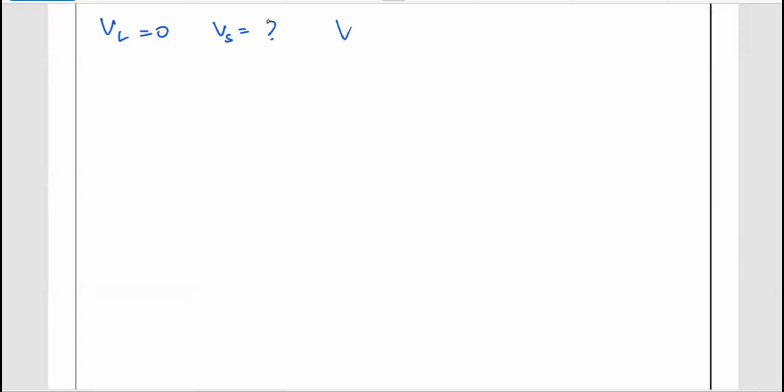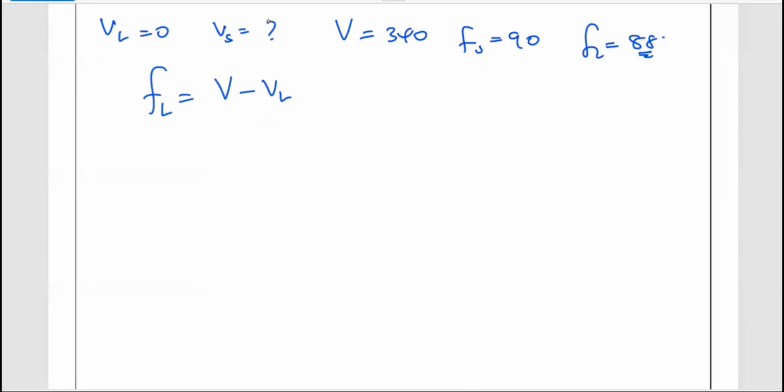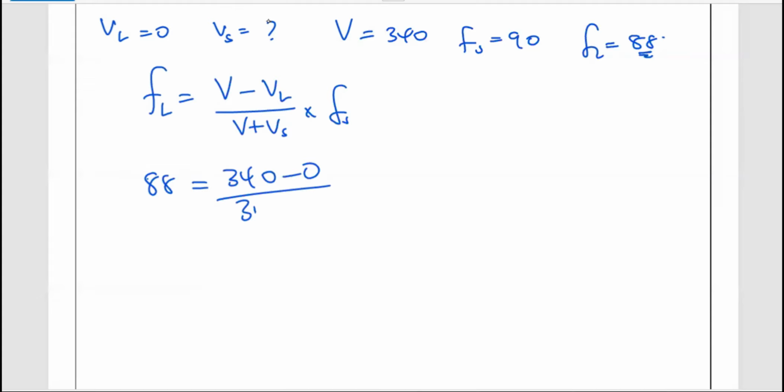V is 340, the frequency of the source is 90, and the frequency of the listener is 88. Since the hawk is moving away, our frequency of the listener is (V minus V_L) over (V plus V_s) times f_s. So 88 equals 340 minus 0, over 340 plus V_s, times 90.